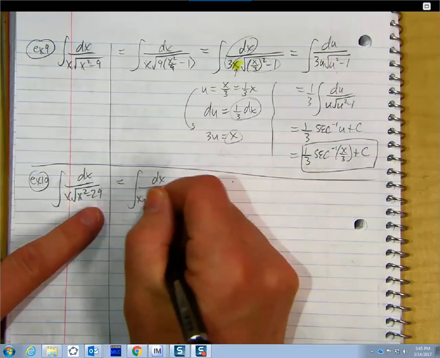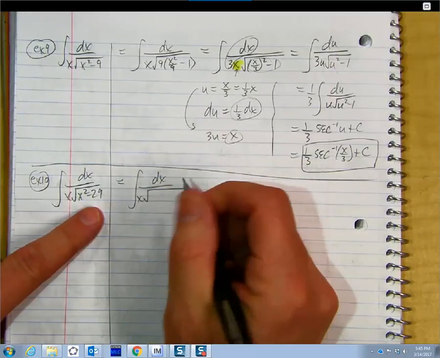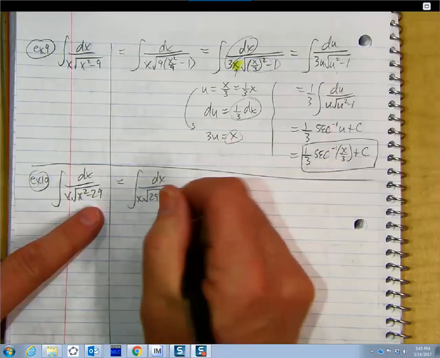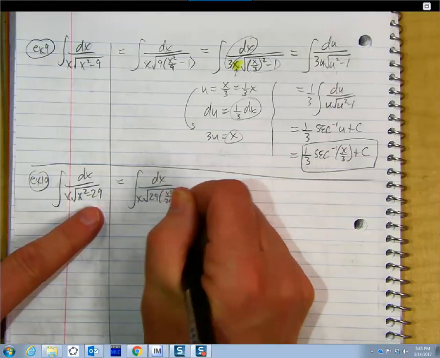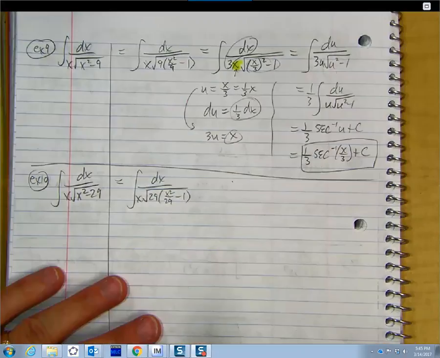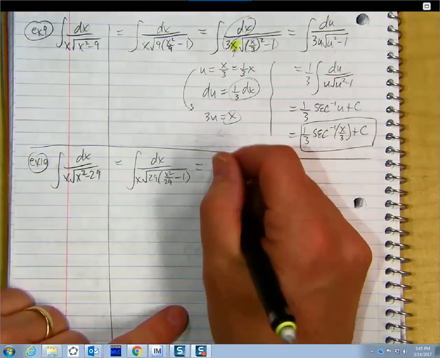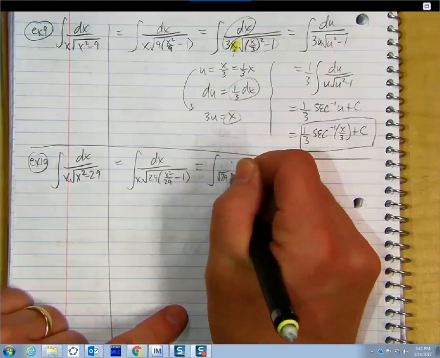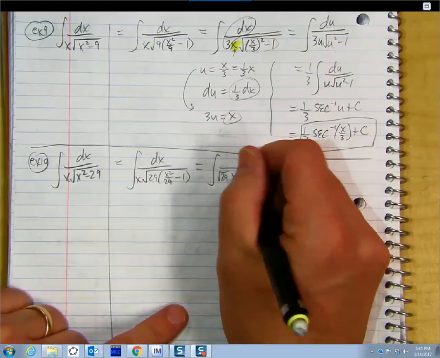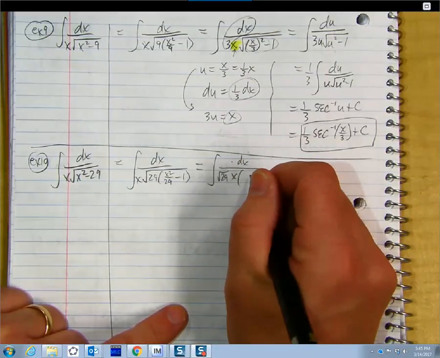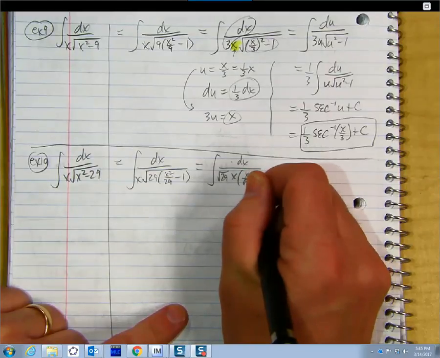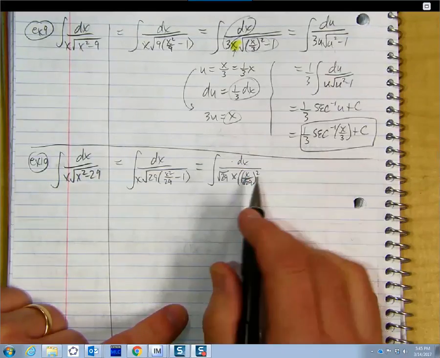So here goes. I'm going to go ahead and factor out a 29 right here. I'm going to move quickly here. This is x squared over 29 minus 1. Next, the square root of 29 is going to come out front. We'll leave the x. Inside here, I'm going to have x over rad 29, kind of like we did our x over rad 7 earlier.